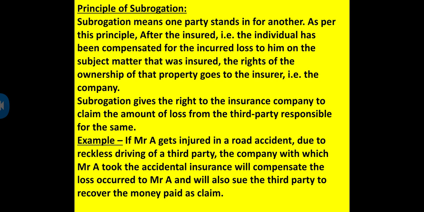This example clearly explains that the third party who committed the accident is liable to pay the compensation for party A, for whom the damage has been caused. Mr. A may have the insurance policy, but this insurance company is taking the amount from the person who committed the accident.